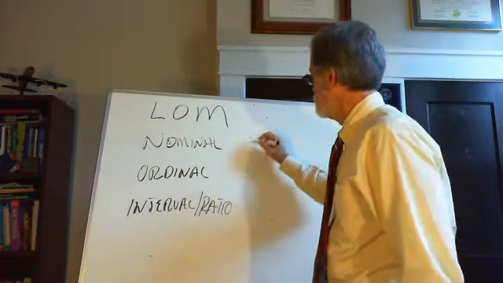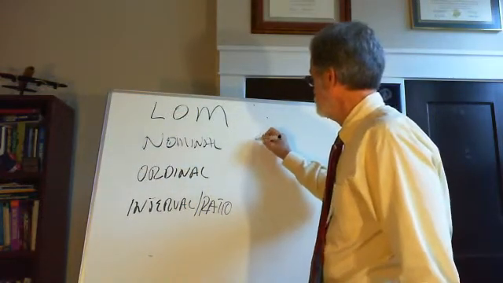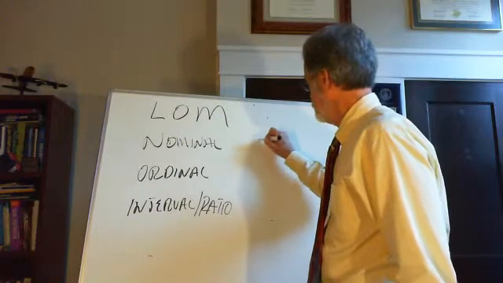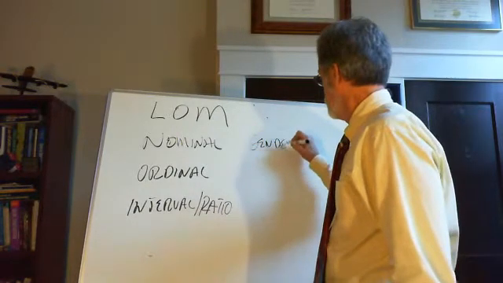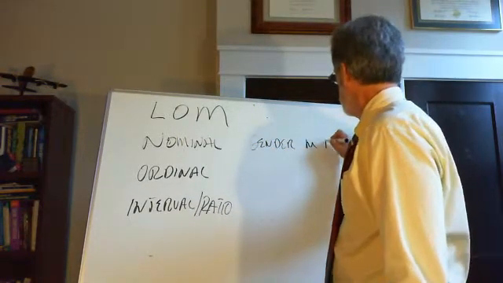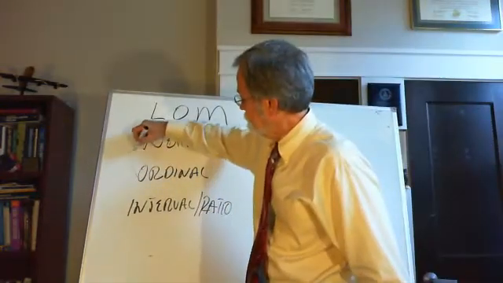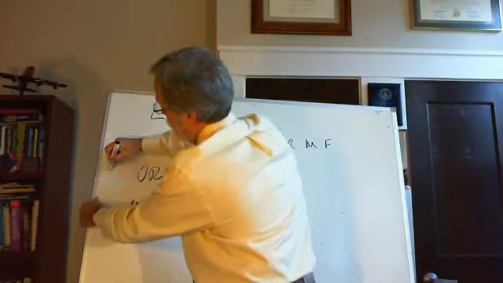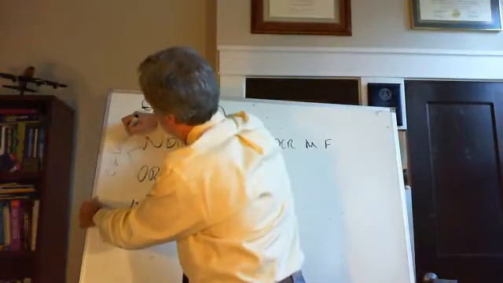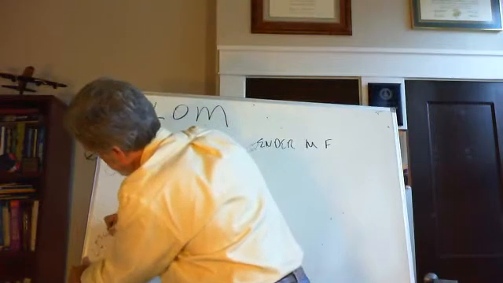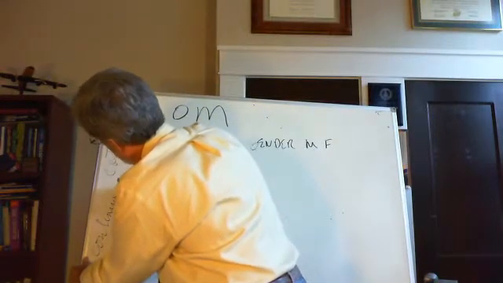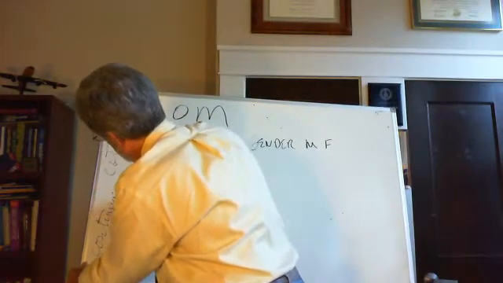This would be, let's say, gender, where we have male and female. These 2 here are categorical, and this one here is continuous.